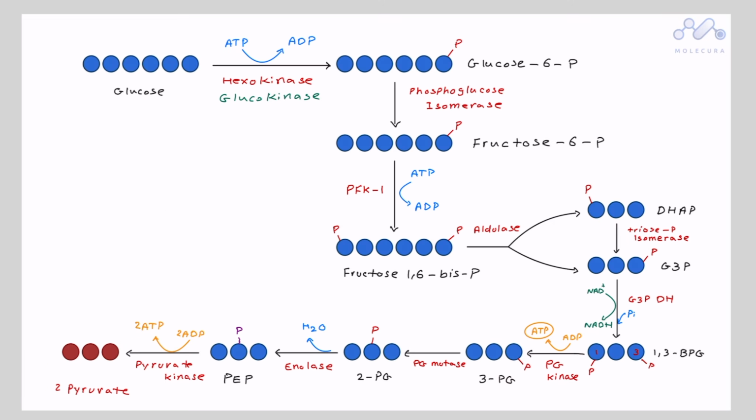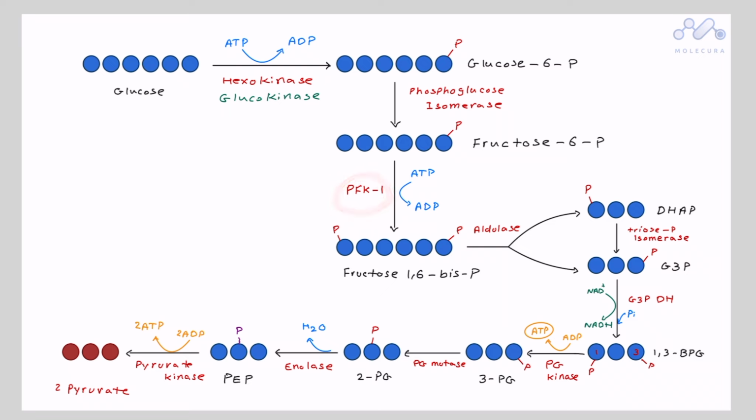So now we come to our second reaction that is regulated, and that is our phosphofructokinase 1. If you remember from the video on glycolysis, this step is converting fructose 6-phosphate into fructose 1,6-bisphosphate, and this step is also utilizing ATP to put the phosphate group from ATP on carbon number 1.